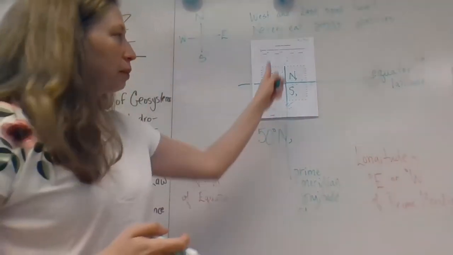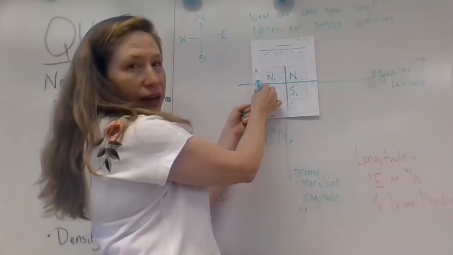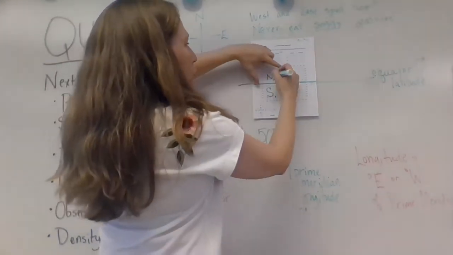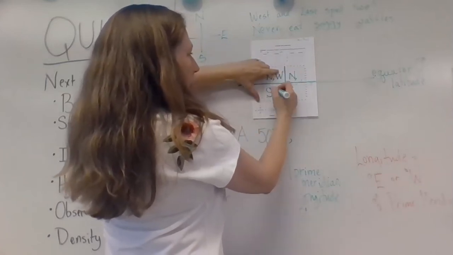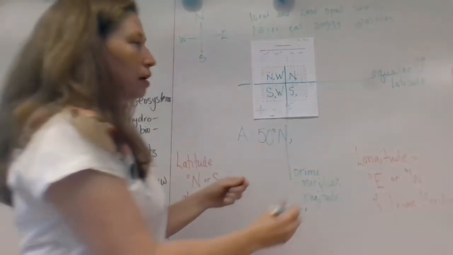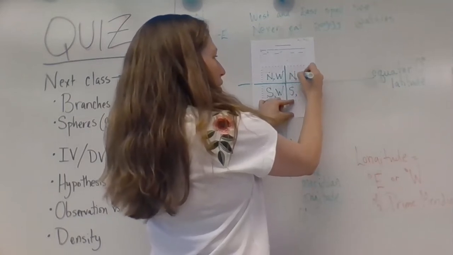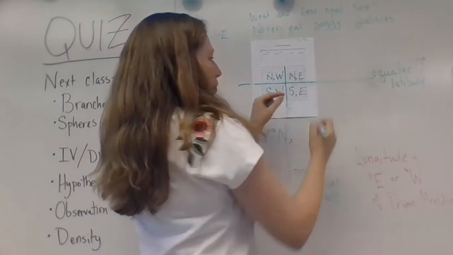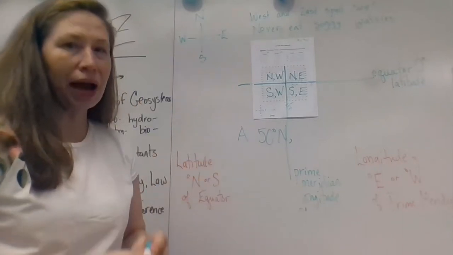So then we look at the prime meridian and we're like, okay, anything on this side of the prime meridian is west. Then over here, anything on the east side of the prime meridian is going to be east. So you can see it's like a coordinate system, sort of like what you've learned in math.